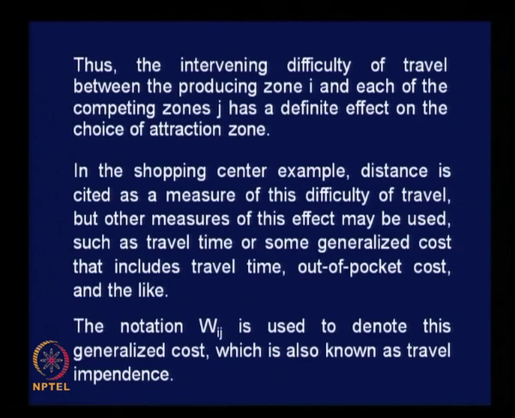It is the sum of all the related factors. Now take Wij as the basis and proceed further to model trip distribution. So, we have identified two important factors, the attractiveness of the zones and the travel impedance defined as Wij, which includes distance, travel time, out of pocket expenditure, related inconvenience and discomfort all together, right.